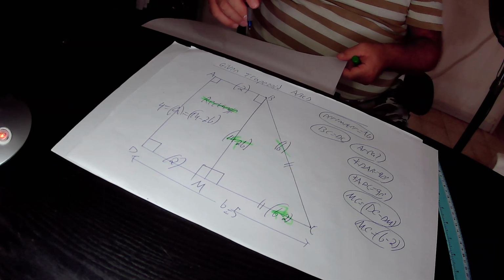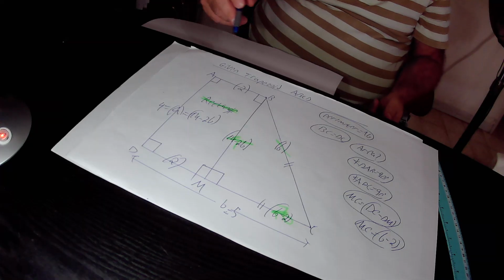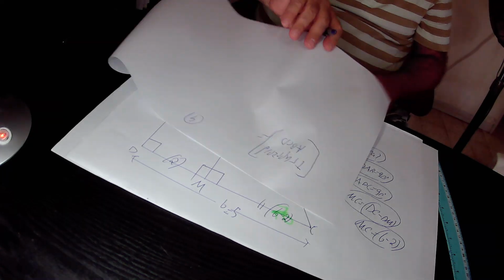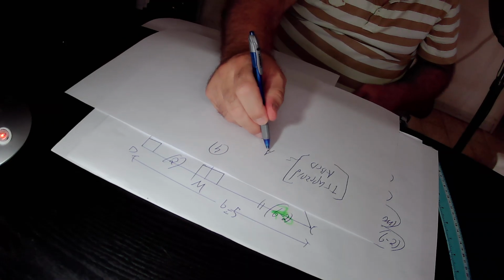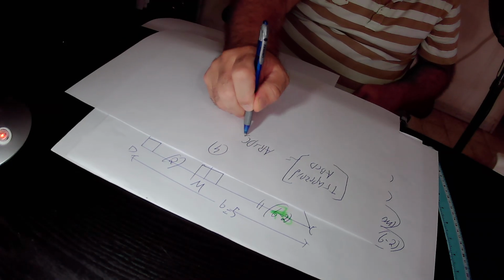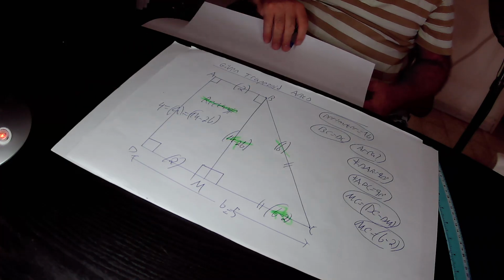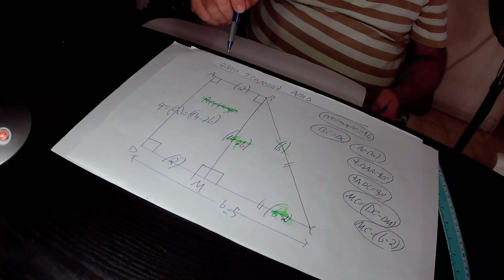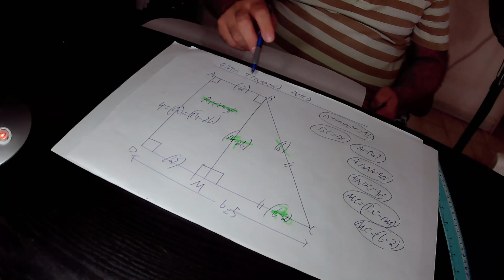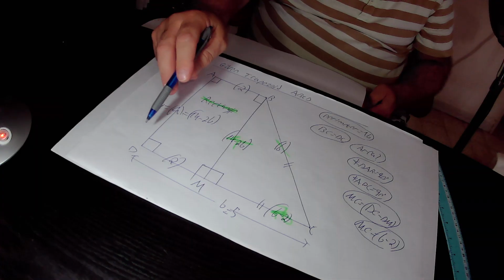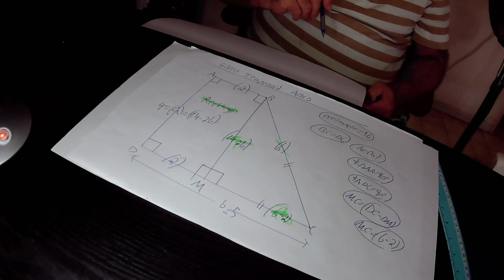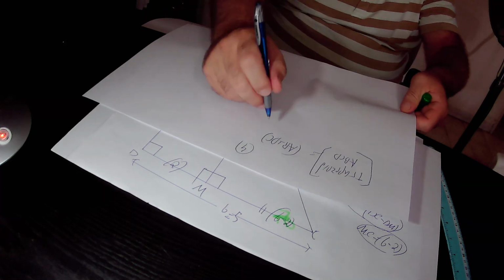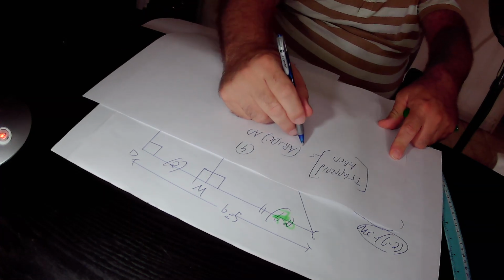The two parallel bases are AB and DC, and the sum of those two bases is AB plus DC, times the height. The height must create 90 degrees with the two bases AB and DC. And AD indeed creates 90 degrees with the base AB, and AD also creates 90 degrees with the base DC. Therefore, AD is the height of trapezoid ABCD. So it is times the height AD divided by 2.